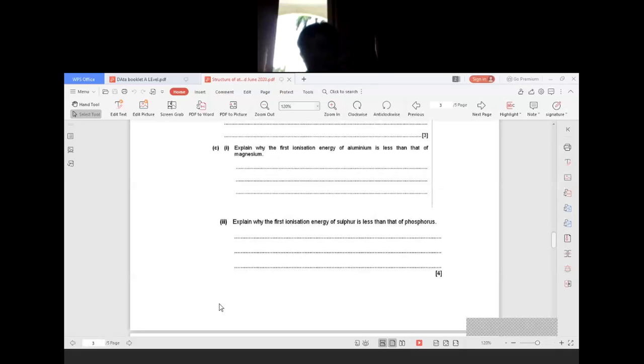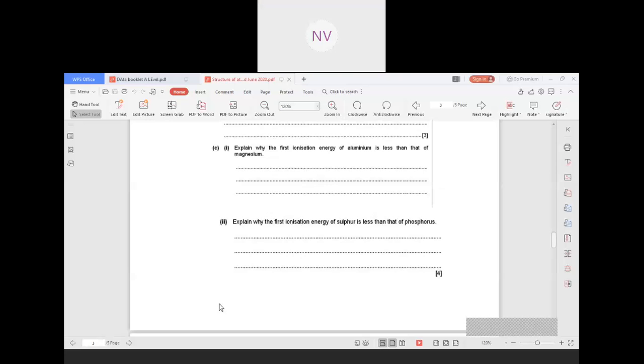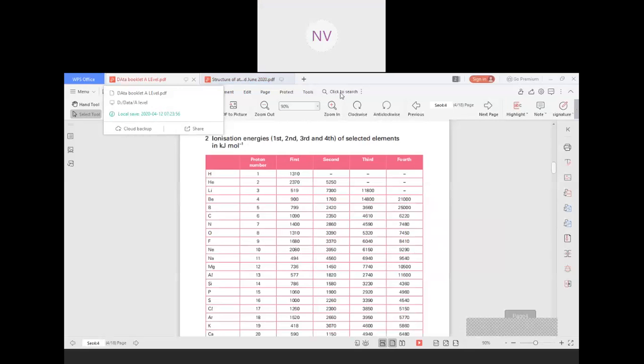Why is the first ionization energy of aluminium less than magnesium? If you see the periodic table, we can see that. Aluminum is in group 13, and it's very simple.